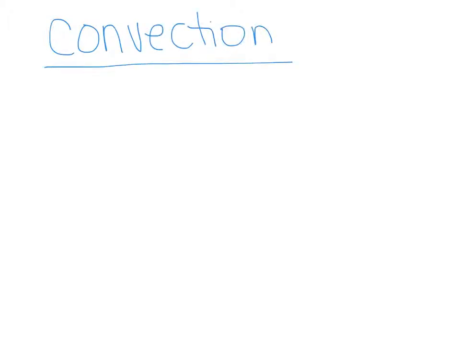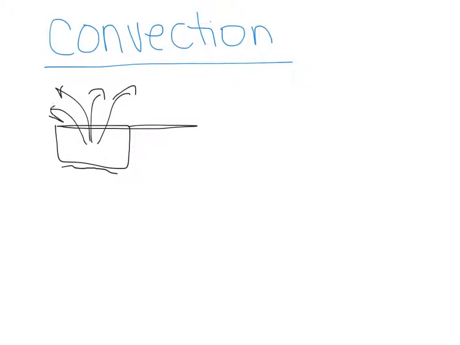And then we also talked about convection. And if you remember correctly, convection, we talked about many different examples of this. We talked about the pot on the stove and how as it's heating up, those bubbles, that gas is rising, those molecules, because we know warm air rises. And the cold air is starting to heat up, or the cold water is starting to heat up. So that was one example of convection.